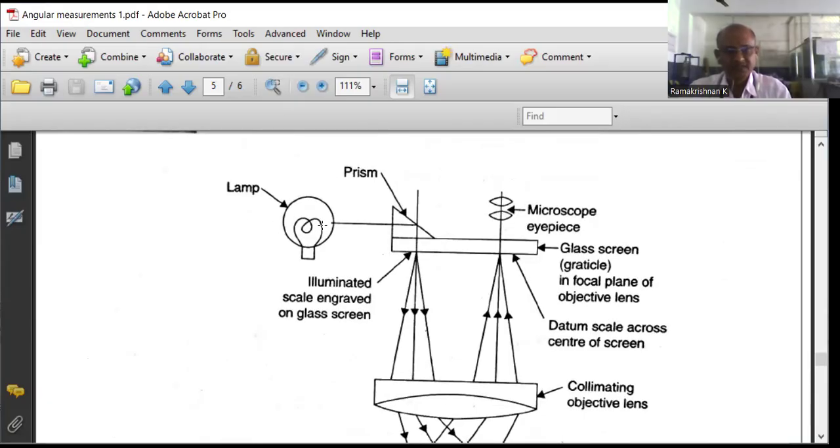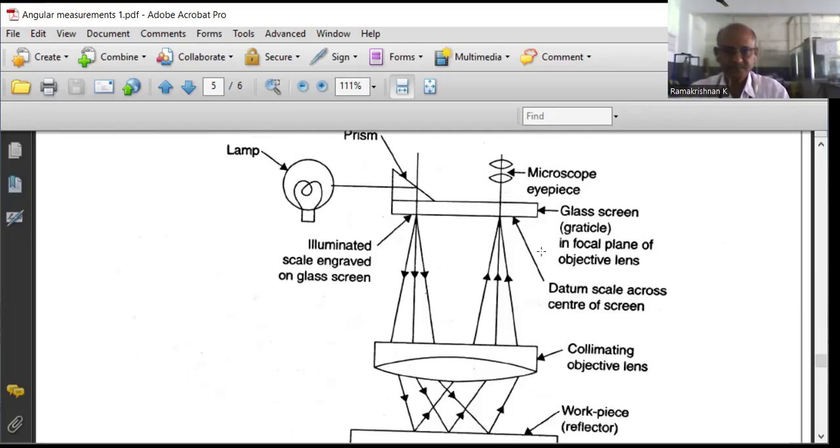From the source, the light is made to pass on the prism. The prism is kept on a screen made of glass. At the bottom, the glass piece is embedded with a scale called the illuminated scale.